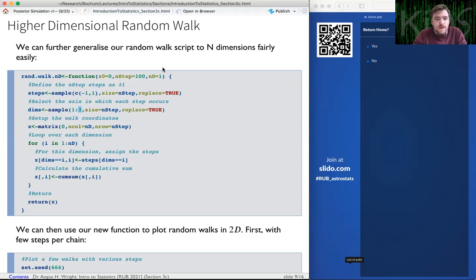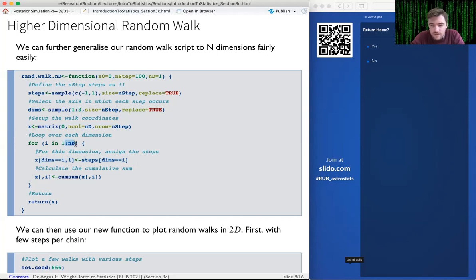But if I'm working in 3 dimensions, then this is going to give me a number between 1 and 3. And that's going to tell me that my first step was forward and it was in the X direction. My next step was backwards and it was in the Z direction, et cetera. So we can then generate our coordinates, which are now 3-dimensional coordinates X, Y, Z, which is why this has ND columns and N row steps. And we can then just generate our steps.